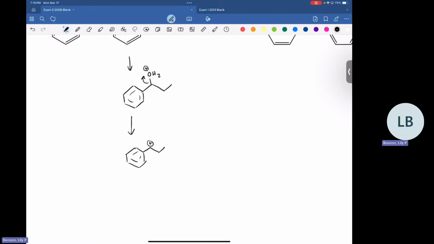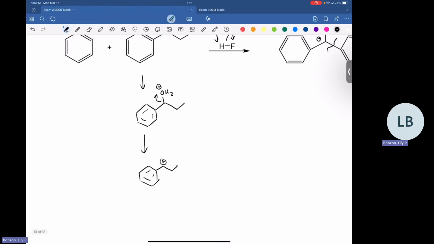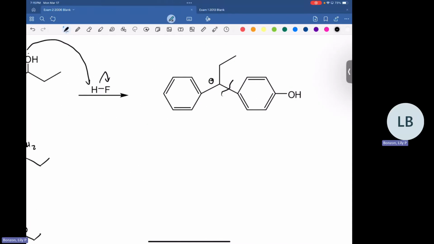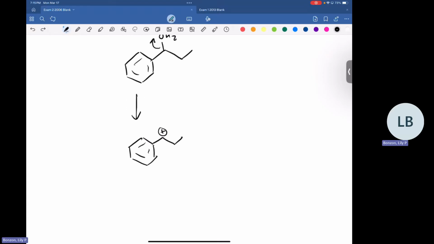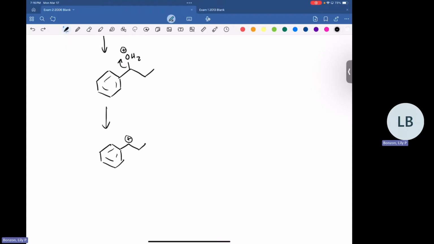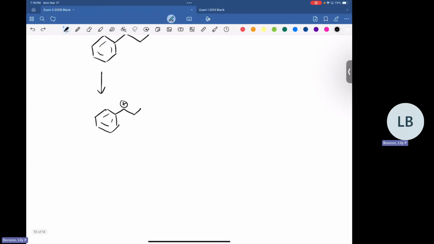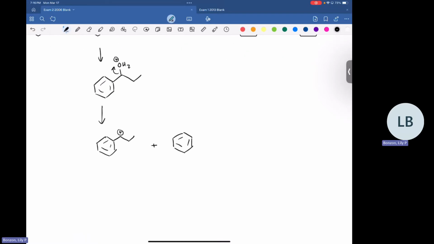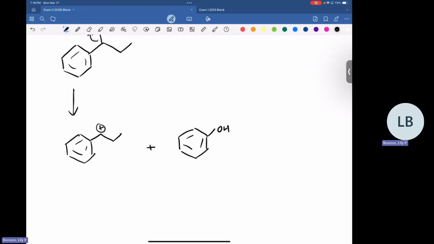All right, so now I've got this positive charge, this carbocation. And again, we want to attach these two groups together. So I can now have my phenol attack that carbocation and do an EAS reaction. I'm just going to draw our phenol, our OH.